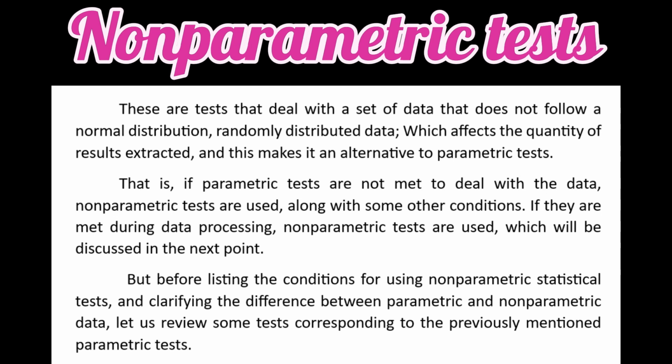If they are met during data processing, non-parametric tests are used, which will be discussed in the next point. But before listing the conditions for using non-parametric statistical tests, and clarifying the difference between parametric and non-parametric data, let us review some tests corresponding to the previously mentioned parametric tests.